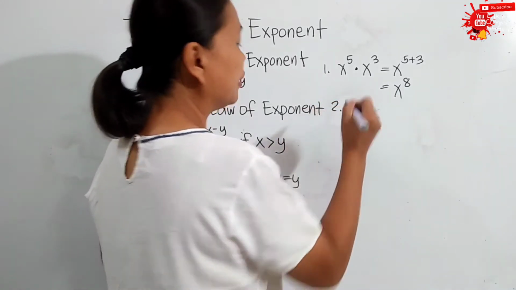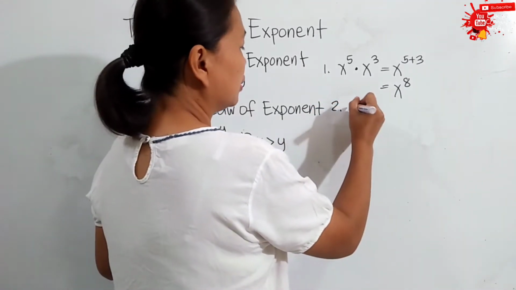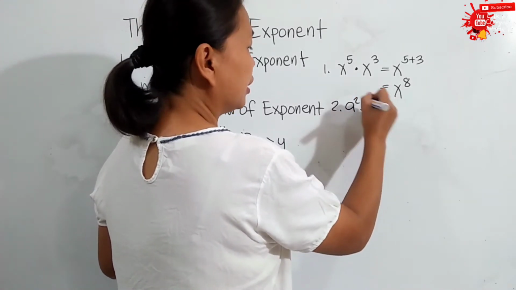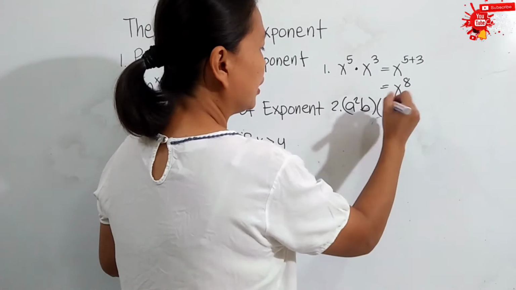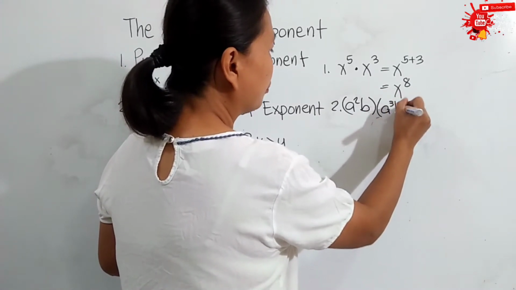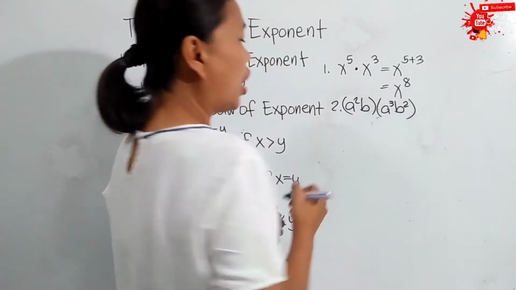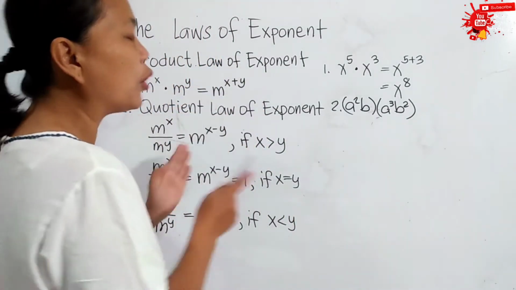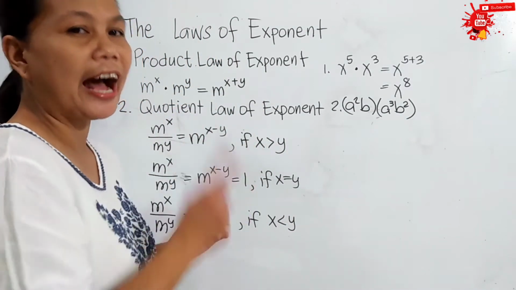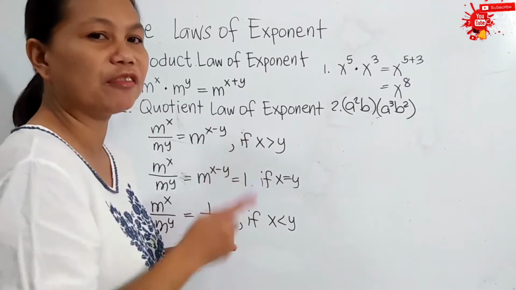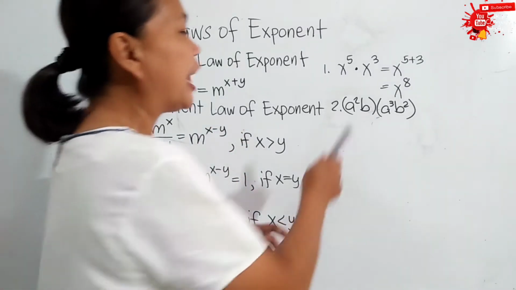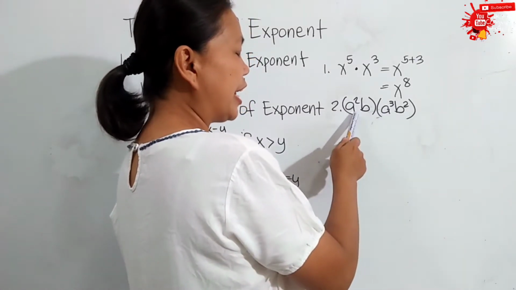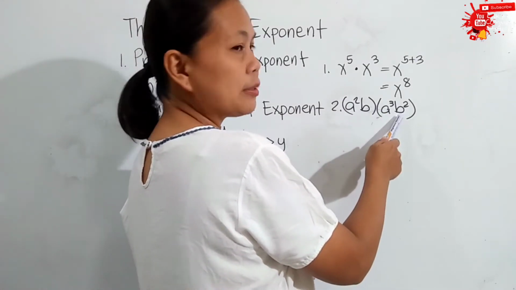Okay, so let us have another example. Let's say we have here a squared b times a cubed b squared. How are we going to apply the product law of exponents? Take note that we can only add the exponents if we have the same base. So we can add the exponents of a because we have the same base a, and also with the same base b.